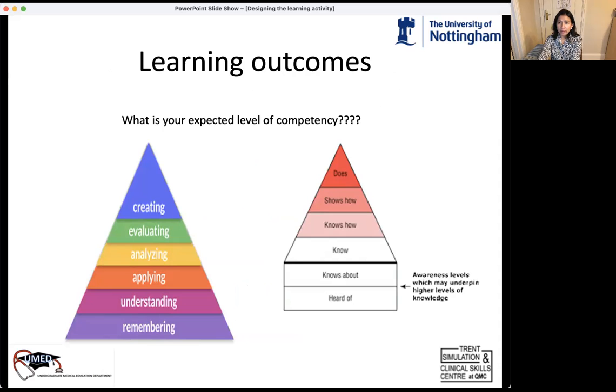Some of the topics they should know up to the apply, analyze, or evaluate level. Some of them they only need to understand. Likewise for the skills, for some of them, if they know about it, it is enough for undergraduate level. But for some skills, they could do without supervision.